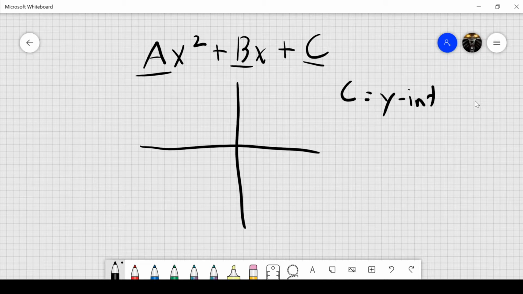So if we have to distribute before we get our y-intercept, we have to distribute fully before we can see it. Most of the time. There are some exceptions that we can look at later on, but most of the time we need it in this form to see our y-intercept. This is very important because our y-intercept will later on help us determine where on the graph we are.